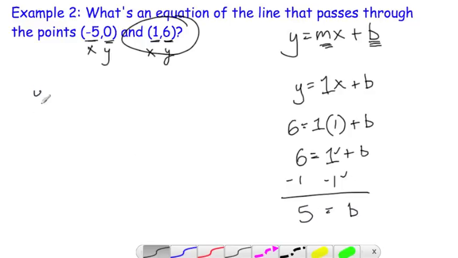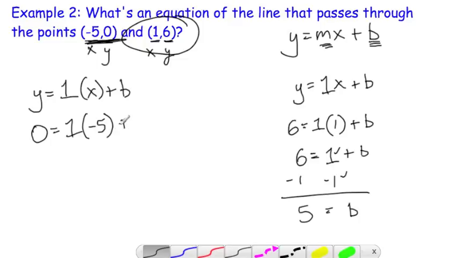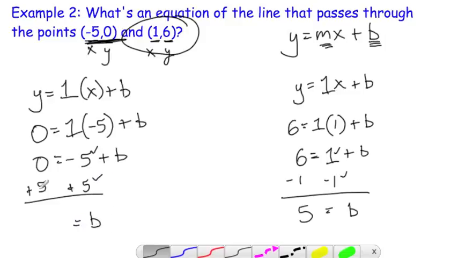Okay, I'm doing them both. So now I'm putting in these. 0 equals 1 times negative 5 plus b. 0 equals 1 times negative 5 is negative 5 plus b. Add 5 so that it cancels on this side. b equals 0 plus 5. Look at that.